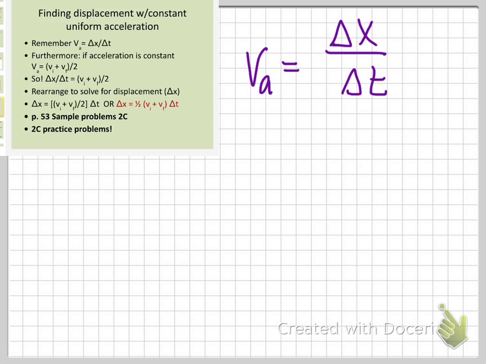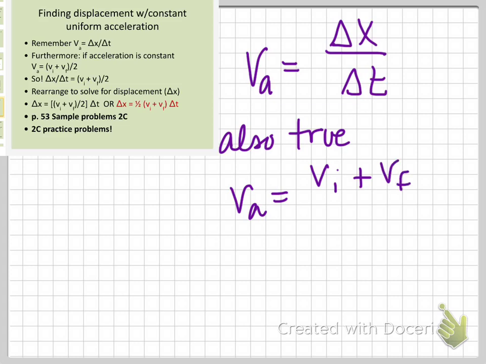So if I give you 4 and 8, can you get me an average? Add them up, divide by 2. So it's also true that V average equals the initial velocity plus the final velocity divided by 2. You would agree? Wunderbar. This is just a series of logical statements with which you will agree.